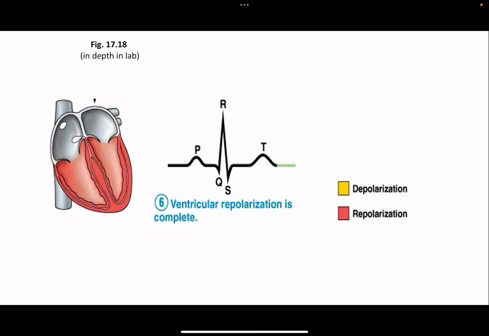And then after that, ventricular repolarization is complete, and we have some time before the next electrical events of the heart happen. The faster your heart beats or works, the shorter that in between space is going to be.